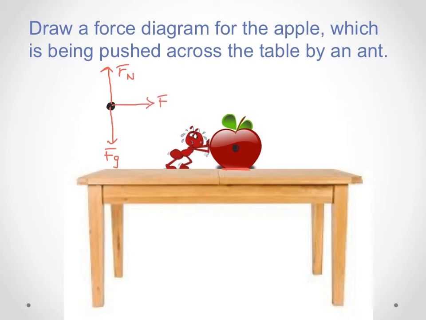So F applied. And now, generally, it'll say if this is a rough surface, it doesn't say to neglect friction, so we can't just ignore it. And you can see this ant is struggling. So there must be some friction on the surface. So this will be the force of friction, which is always opposing the motion or the attempted motion of the object. So this is a force diagram of our apple being pushed across the table by an ant.